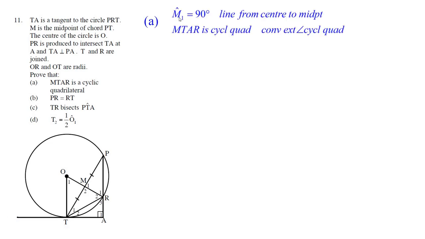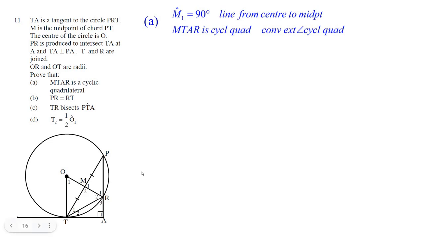I know that M1 is 90 degrees because a line from the center to a bisected chord makes it 90 degrees. Well, if M1 is 90 degrees and this A1 is 90 degrees, MTAR has to be a cyclic quad because of the converse of the exterior angle of a cyclic quad. There we go. Hey, that wasn't too hard.